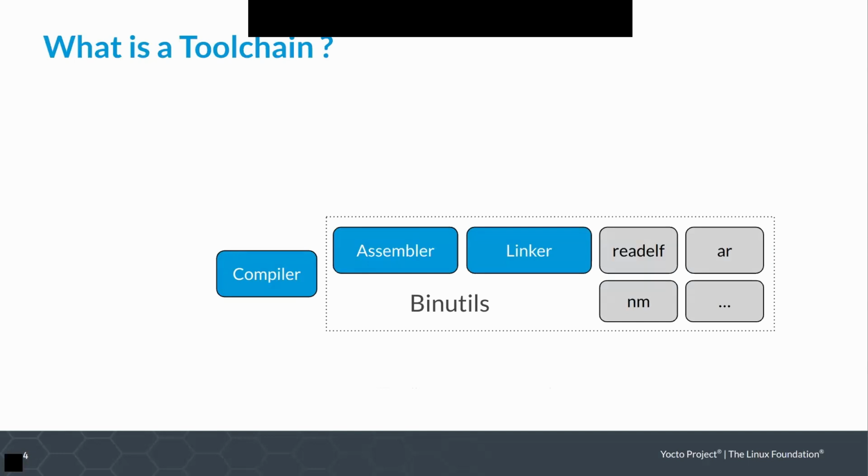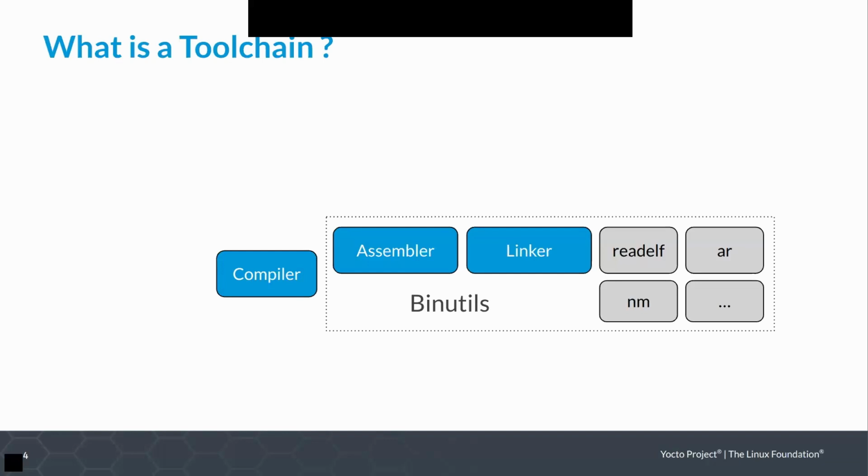So you have a compiler and a collection of utilities that we call binutils: the assembler, linker, readelf, and many other utilities that are used to manipulate or create ELF files.